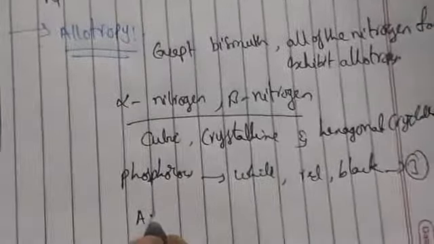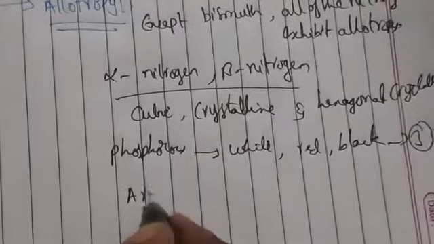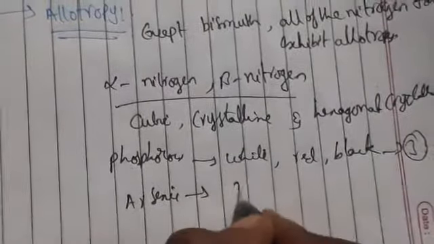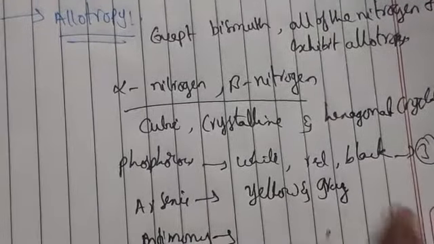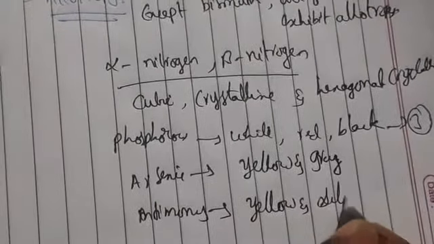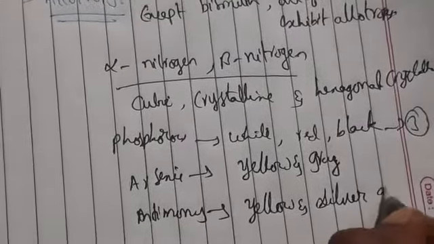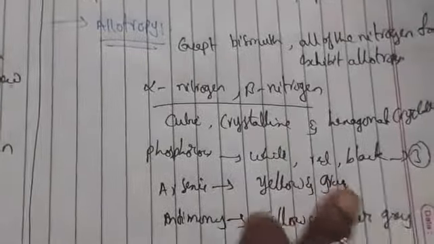Coming to arsenic, it exists only in yellow and gray forms. Antimony exists in two allotropic forms, one is yellow and another is silver gray antimony. So these are the allotropic forms, which have different physical properties, and that we call allotropy.